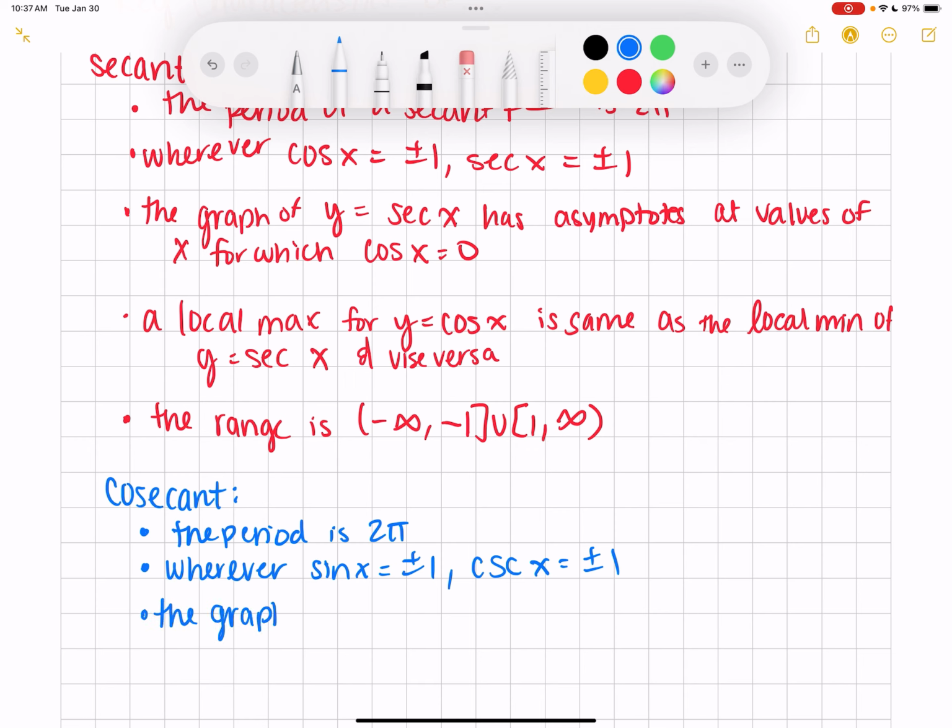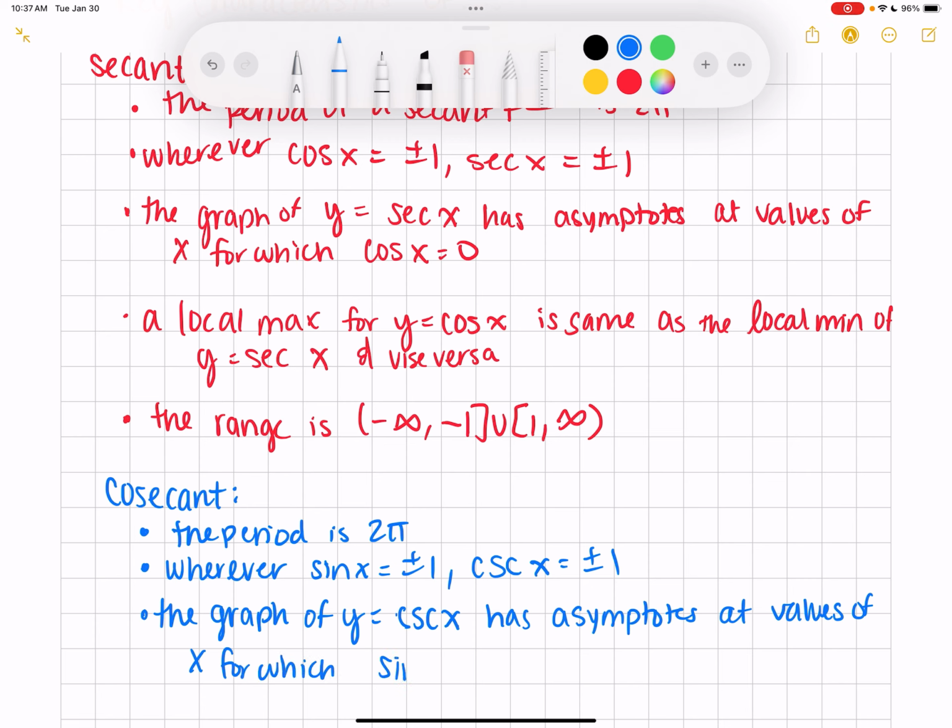The graph of y equals cosecant of x has asymptotes at values of x for which sine of x equals 0. So for the same reason as secant at cosine equals 0.